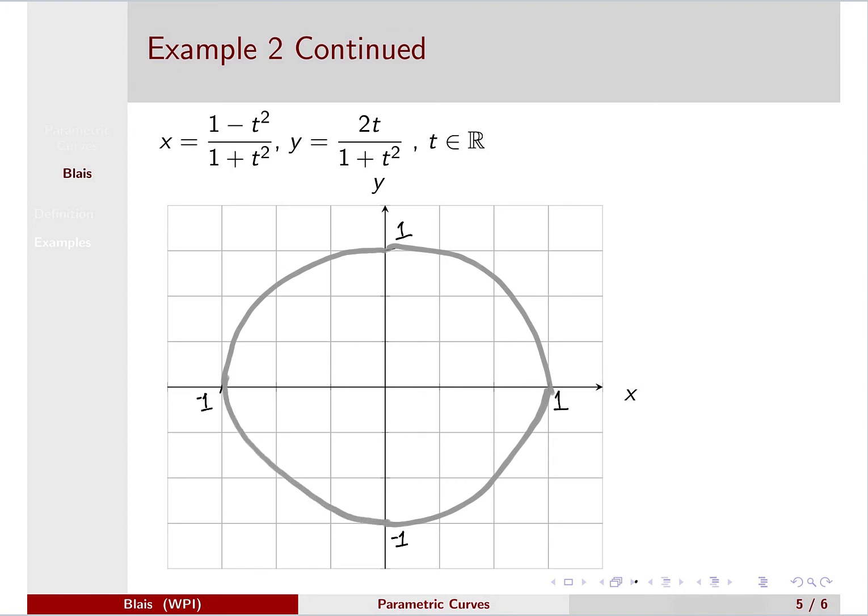And so let's think about where we are at time 0. So at time 0, our x is 1 minus 0 over 1 plus 0, or 1.